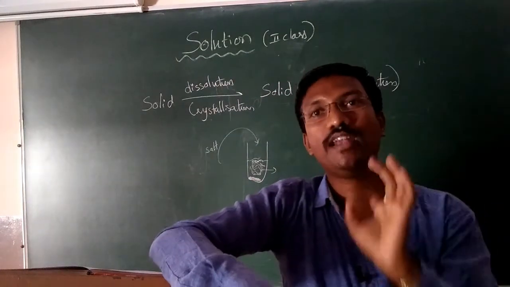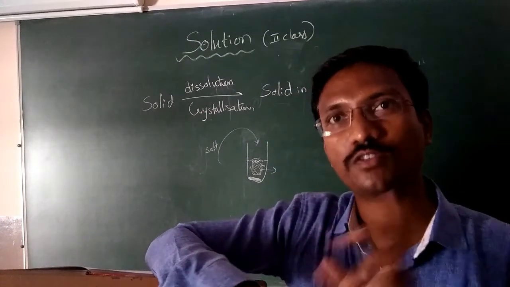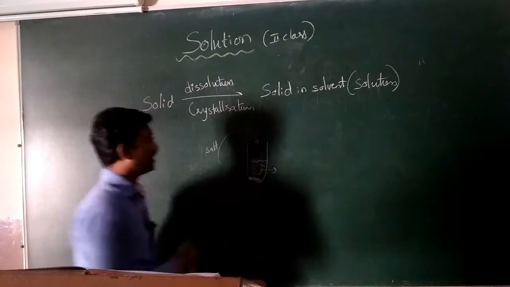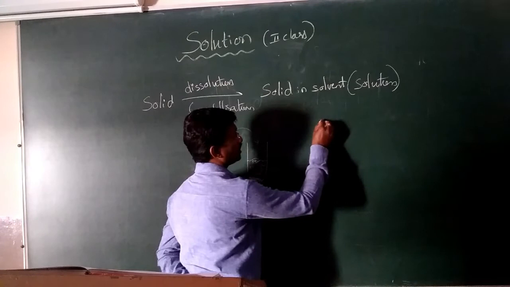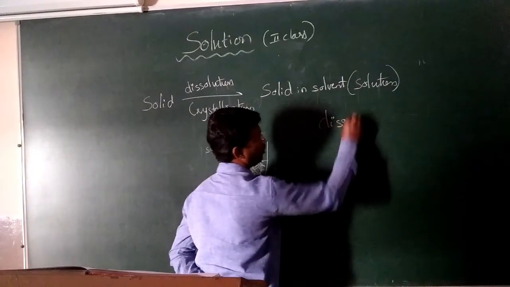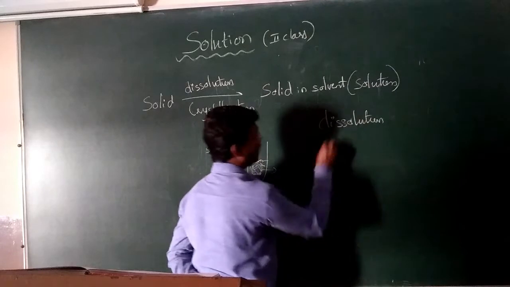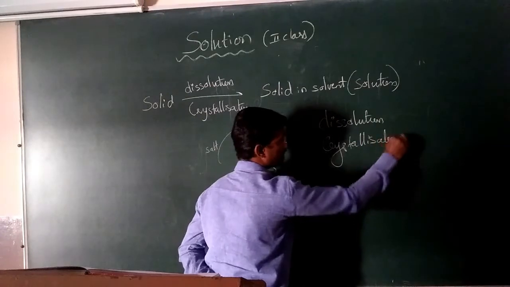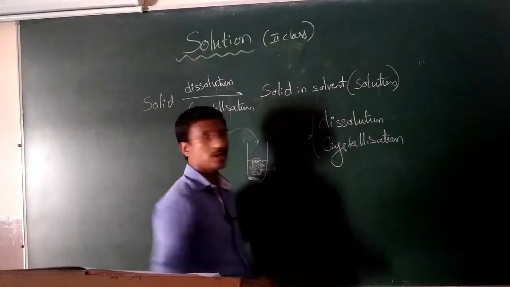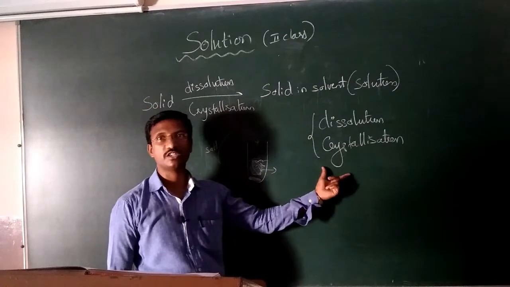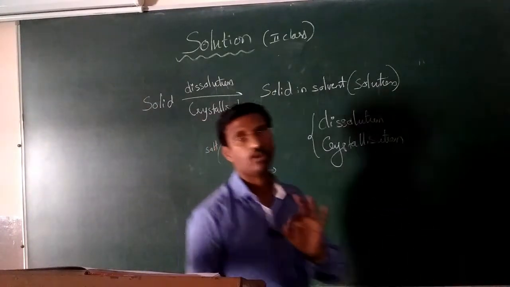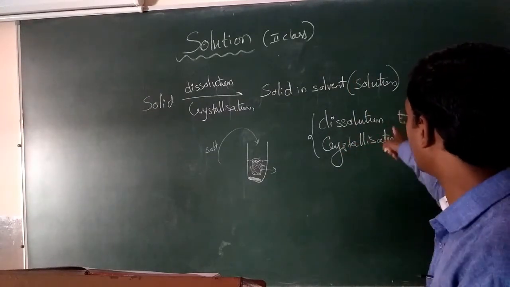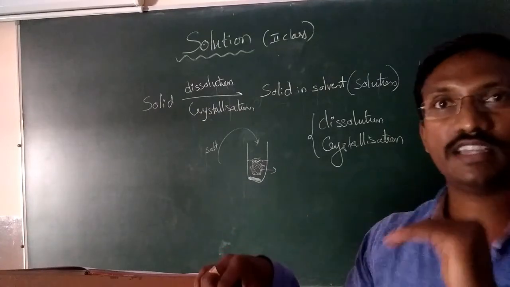Here one question arises on the basis of this phenomenon: what is the stage at which both dissolution and crystallization take place at the same time, meaning the rate of dissolution and the rate of crystallization are equal? That occurs in an equilibrium.